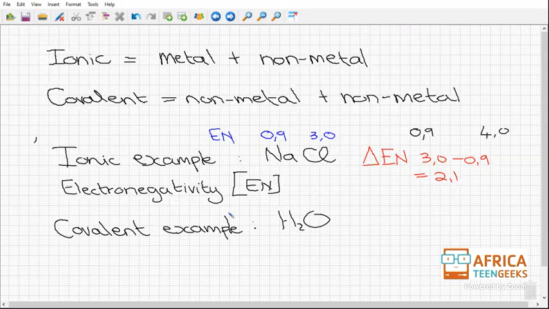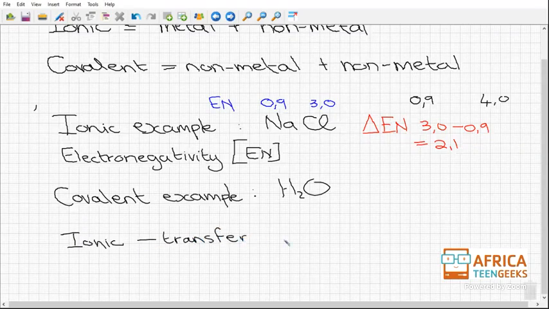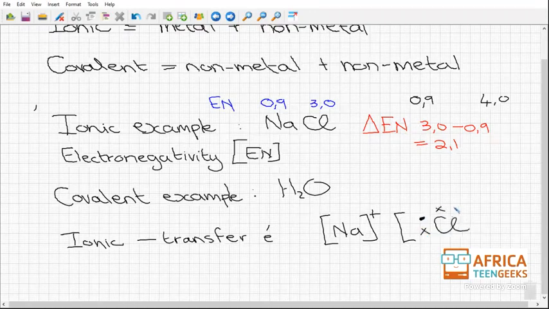ionic compounds transfer electrons. Okay, so if you see the word ionic, then there has been a transfer of electrons. You guys remember yesterday when we had sodium, we said sodium loses its valence electron, becomes positive, and it gives it to chlorine, that then becomes negative.